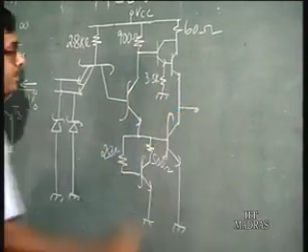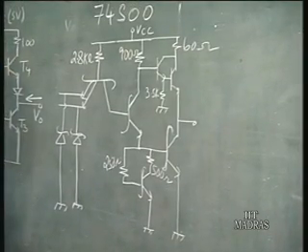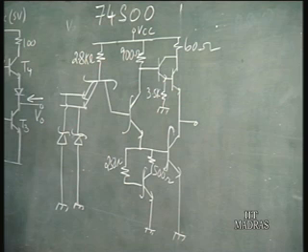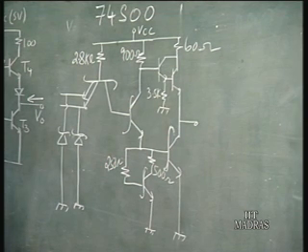So, this is the circuit of the Schottky TTL 74S00 NAND gate. Now, if you look at this circuit, we can list out the differences.